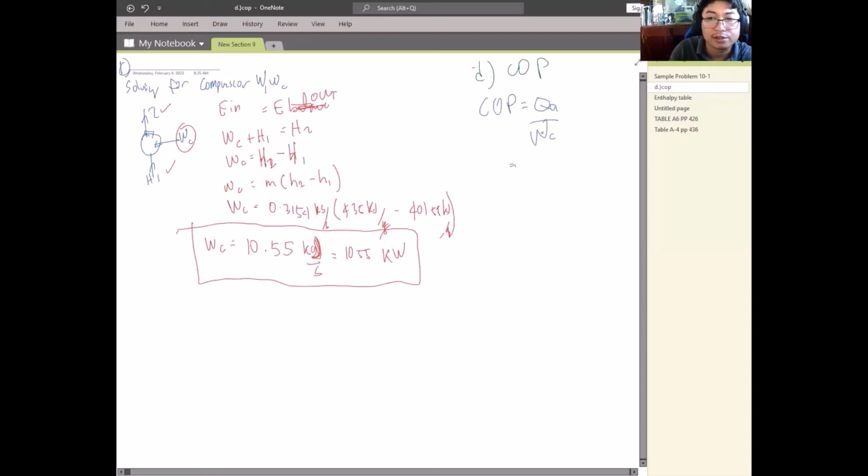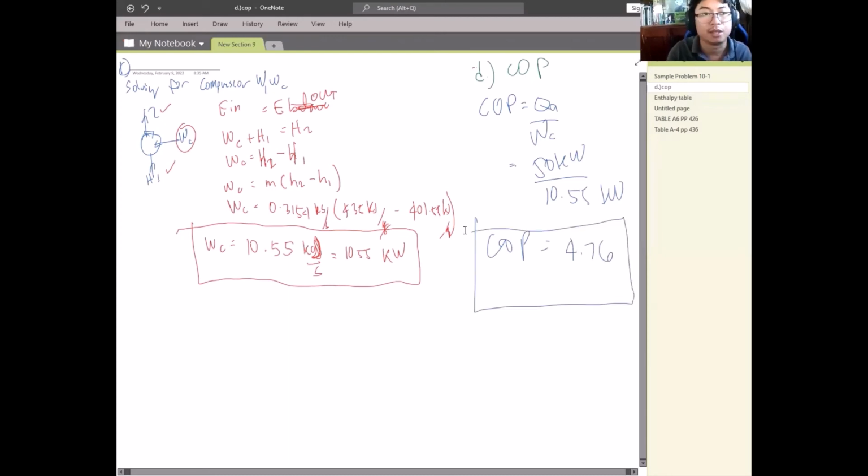QA is given, 50 kilowatts all over 10.55 kilowatts. So our COP is 4.76. So that is our COP.